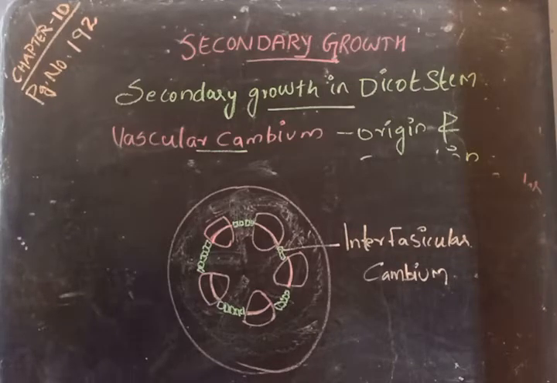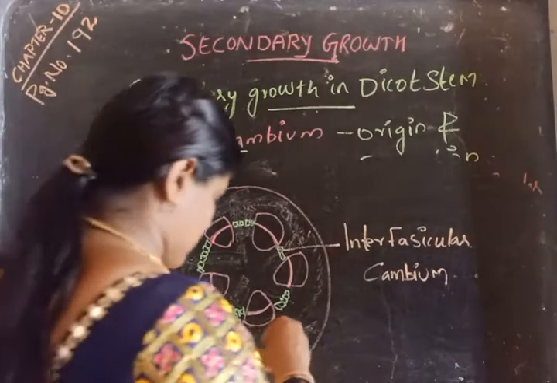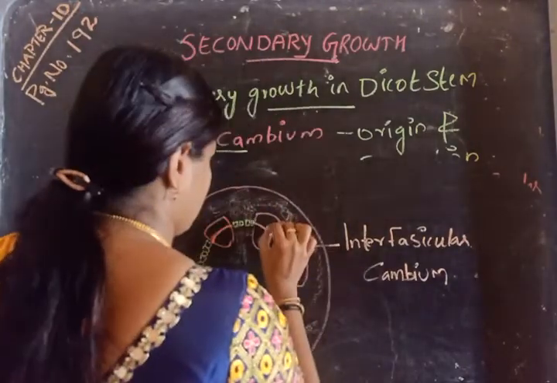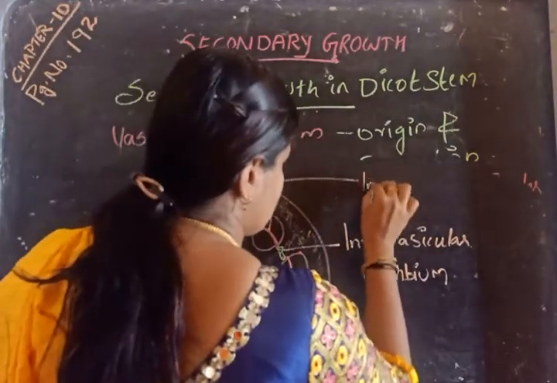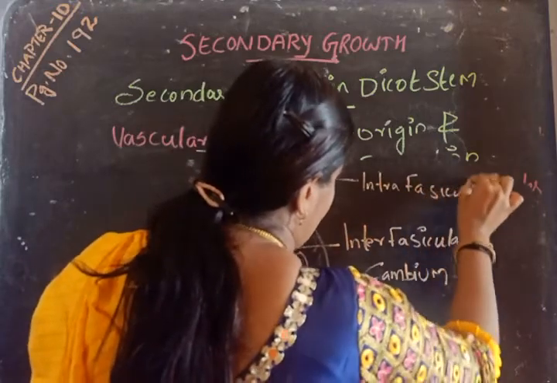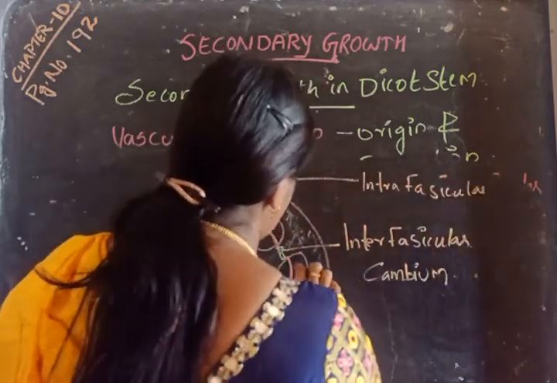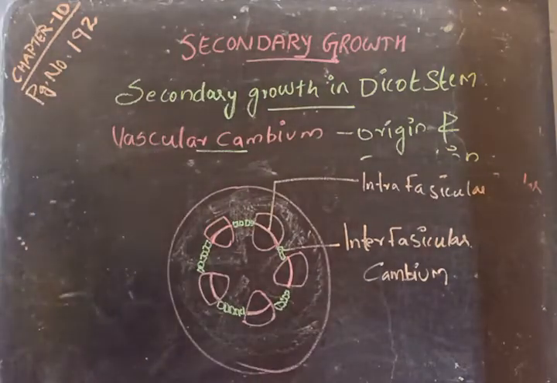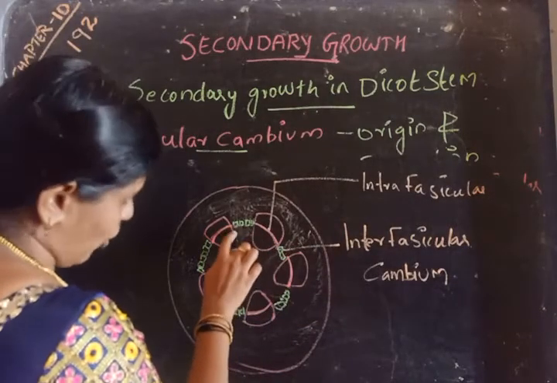So, this is intravascular cambium, and this is interfascicular cambium. The joining of interfascicular cambium and intravascular cambium on both sides forms a continuous ring, which is called the vascular cambium. So, actually this is not joined now.